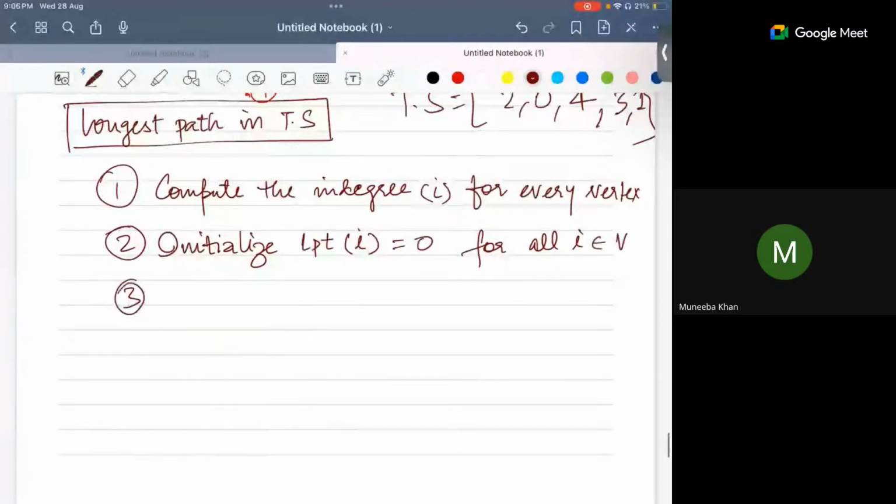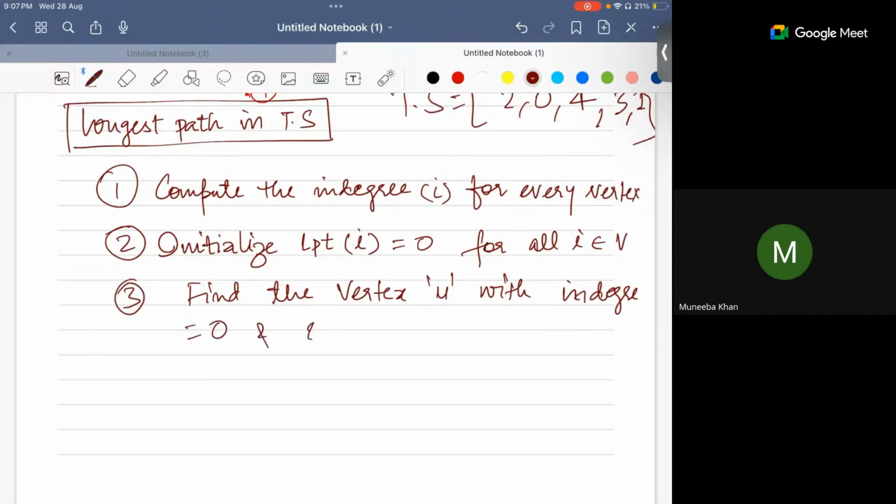Now the third step should be find the vertex U with, again, the same thing, in degree equals 0, and remove it from the DAG.